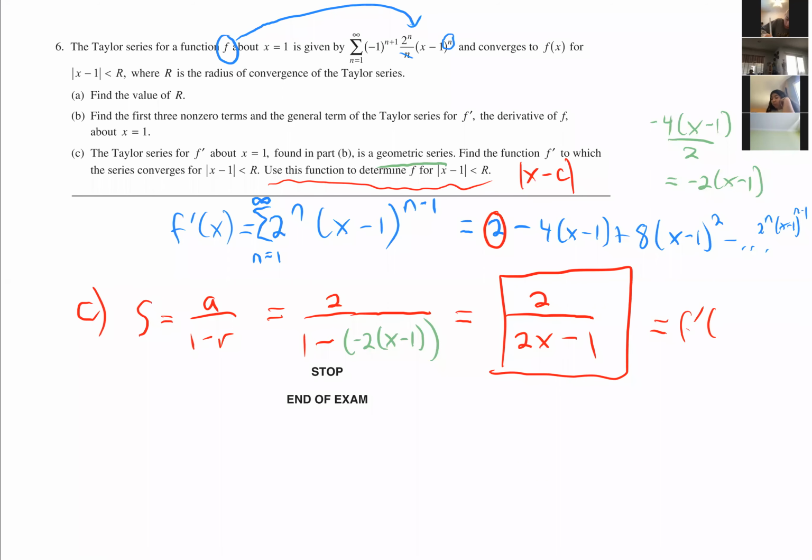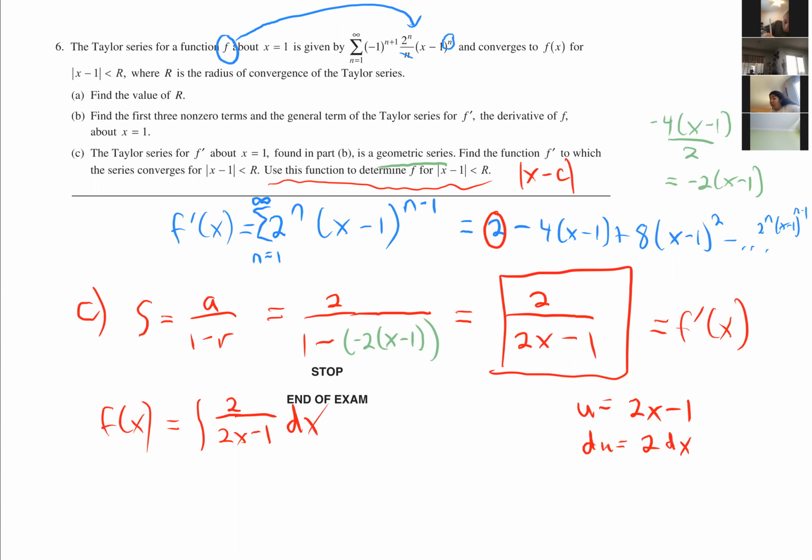So if I want to find f of x, it's going to be the integral of 2 over 2x minus 1 dx. So I'm going to have to use substitution here. I can't just go straight to my answer. So u equals 2x minus 1. du becomes 2 dx, and then 1/2 du equals dx.